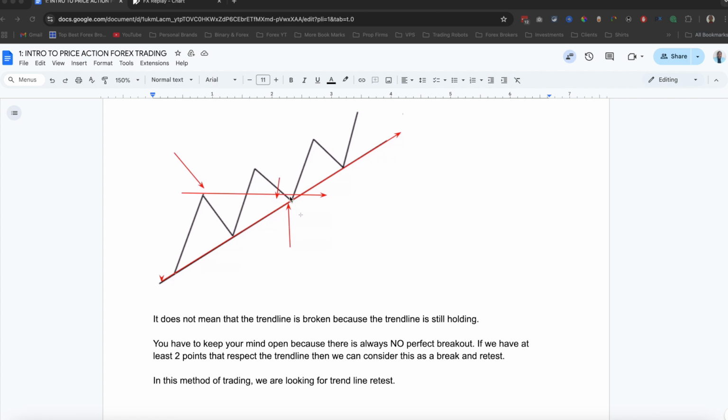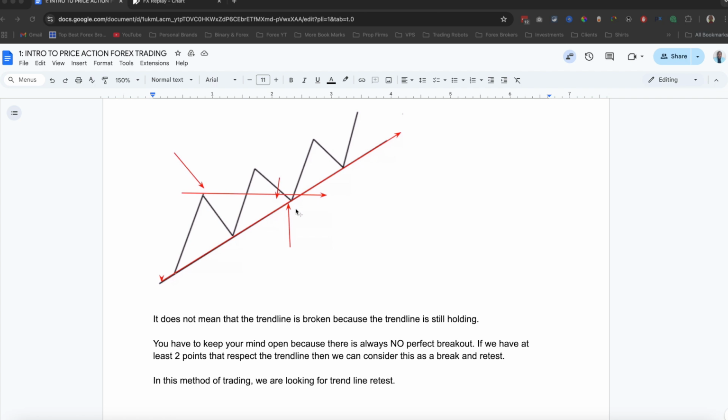So if it's broken by a few pips down here, then we don't assume that the trend line is broken. We assume that the trend line is still holding until we have a full candle body and a break and a retest of that trend line or that key level here, right?